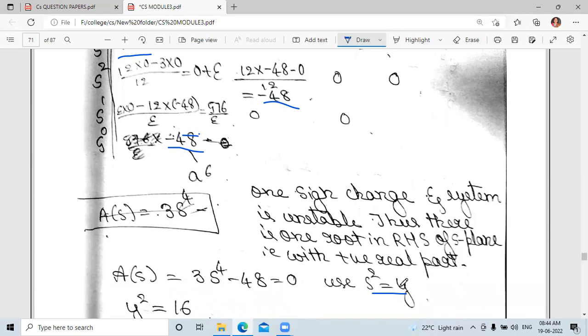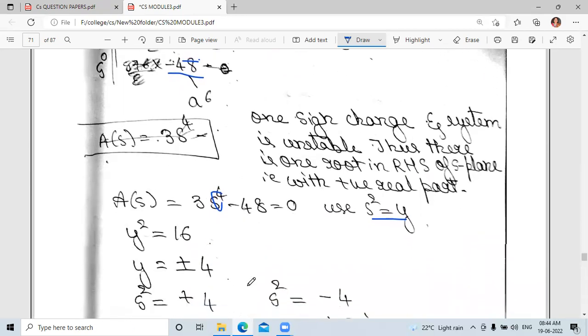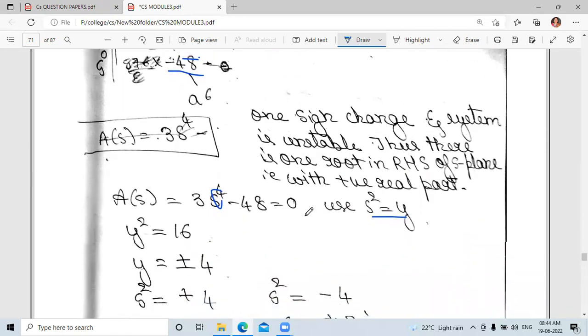In order to find the roots, we can substitute y here: 3y squared, because it is s to the power of 4, minus 48 equals 0. So y squared equals 48 divided by 3, which is 16. So the value is y equals plus or minus 4.